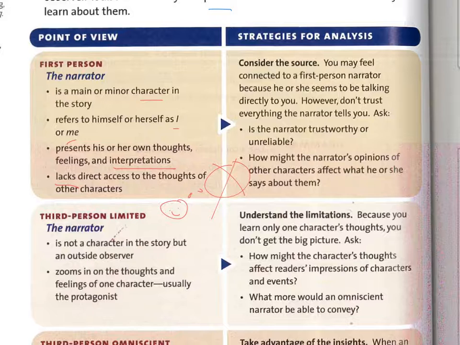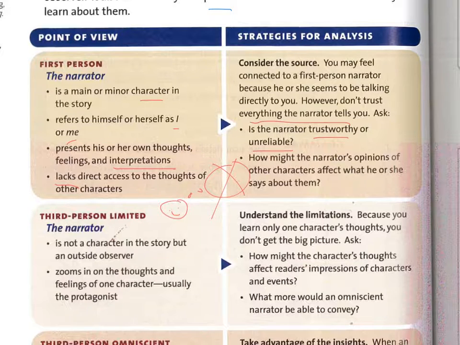And strategies. Consider the source. You may feel connected to the first person narrator because he or she seems to be talking directly to you. However, don't always trust everything the narrator tells you. You have to ask yourself, is the narrator trustworthy? Or are they unreliable? Because the person is a character in the story, they could be telling the story from their point of view, and their point of view could be untrue.